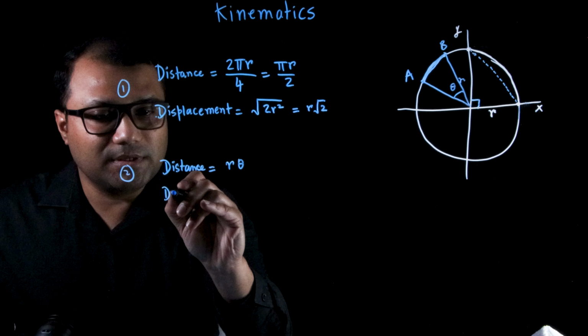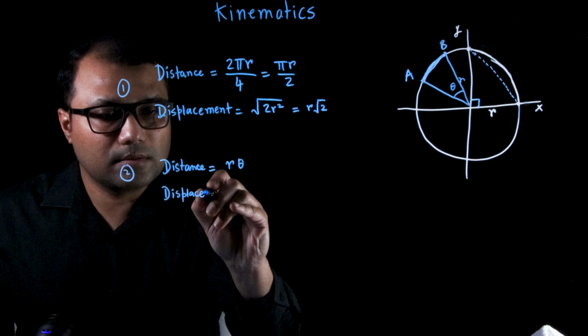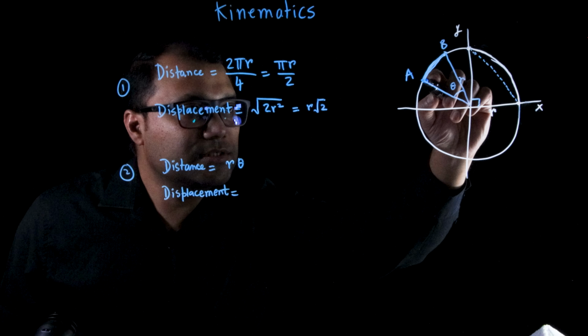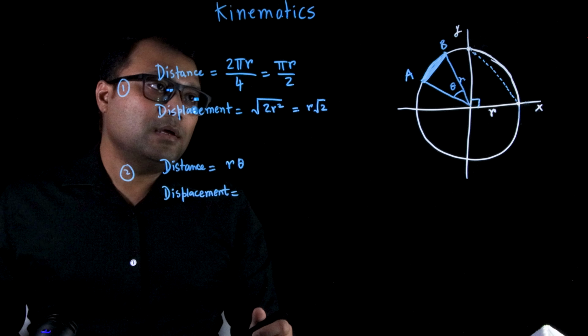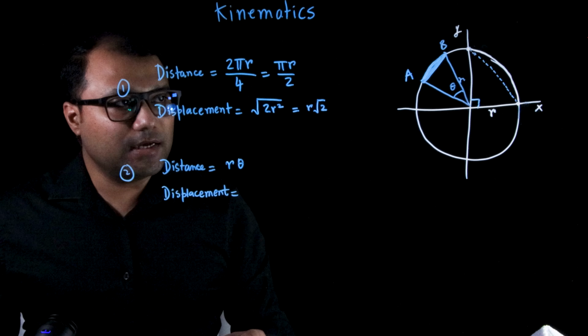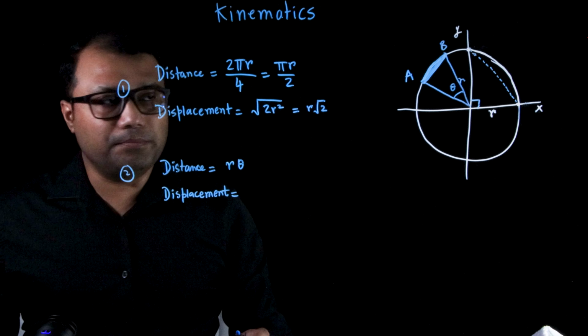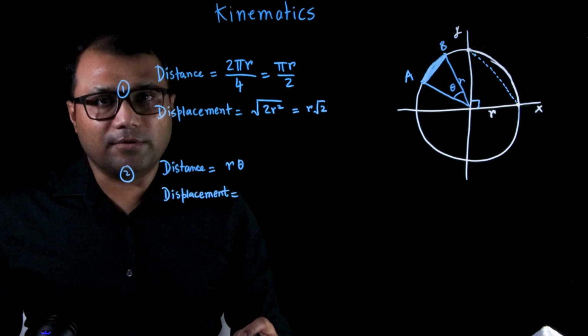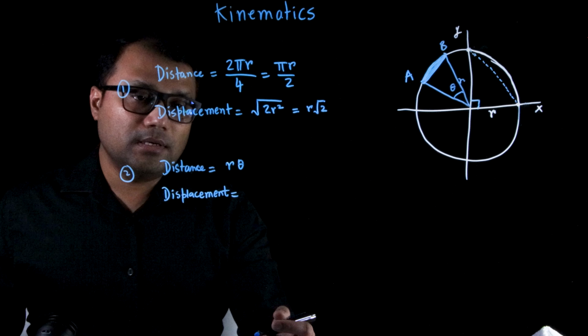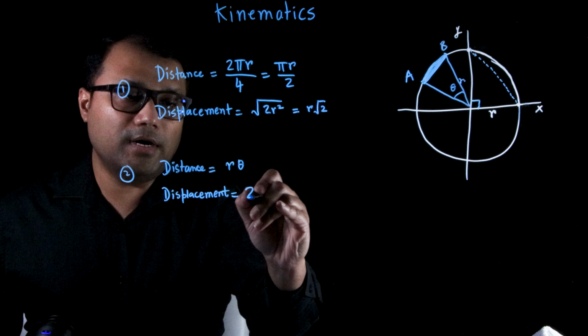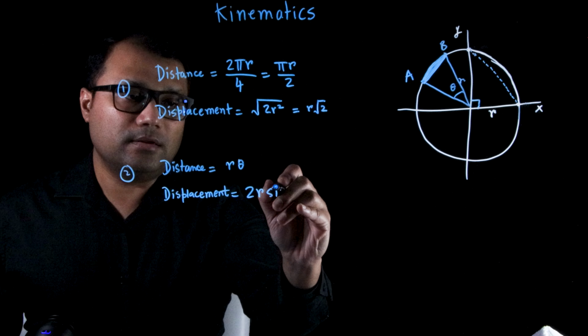However, the displacement, this is a little tricky, is the shortest distance between A and B, which is the straight line. Now this is no more a right angle triangle, so it's a little difficult to compute unless you know a little bit of trigonometry. But it's good to remember this. The displacement will be 2r sine theta by 2.